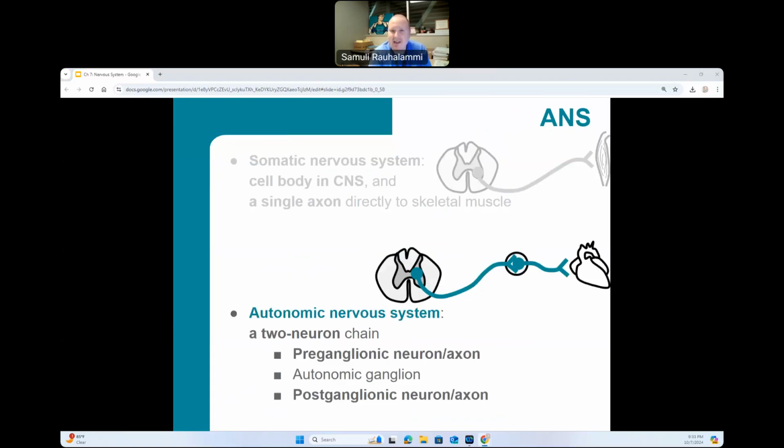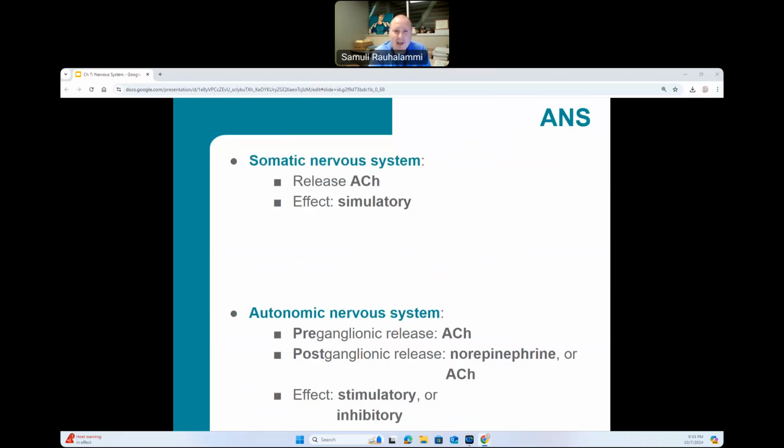That ends at the autonomic ganglion. Then the postganglionic neuron is outside the central nervous system with the postganglionic axon running to the effector organ, on this diagram, the heart. So these two differ significantly in terms of the efferent pathways arrangement.